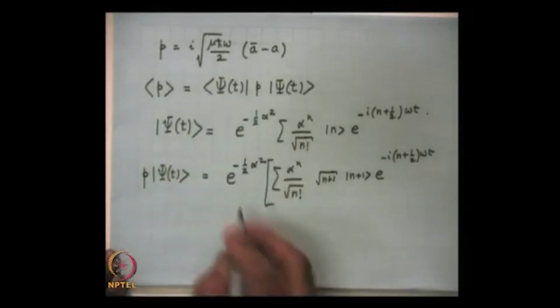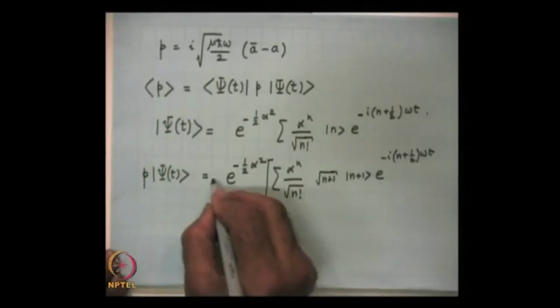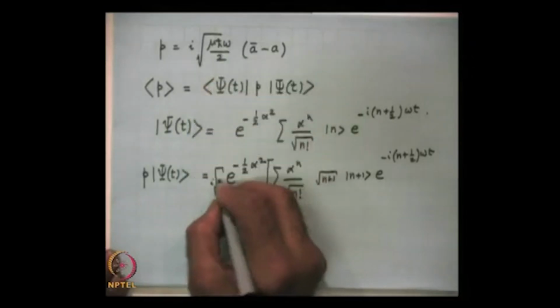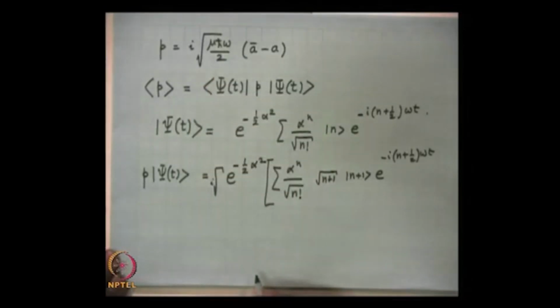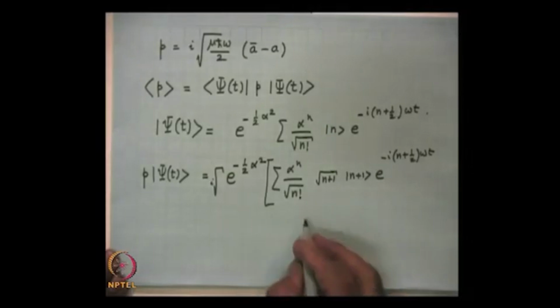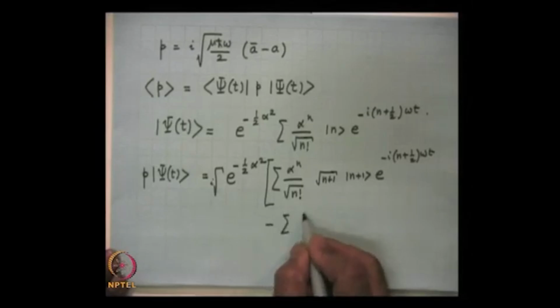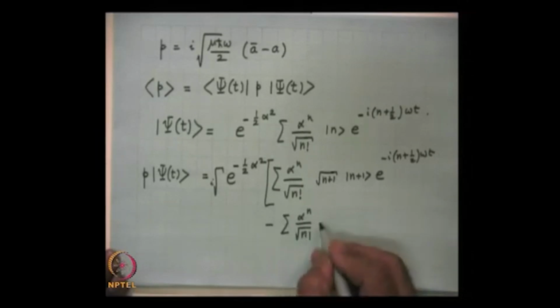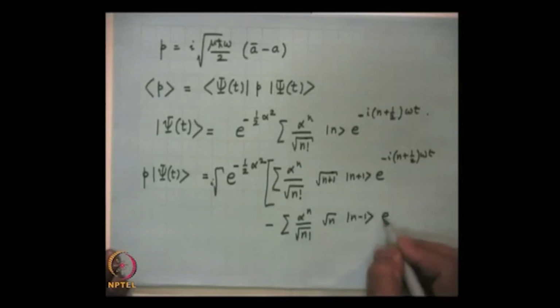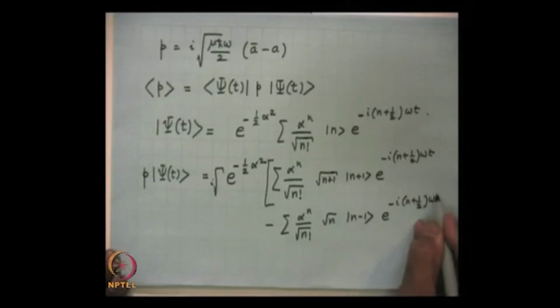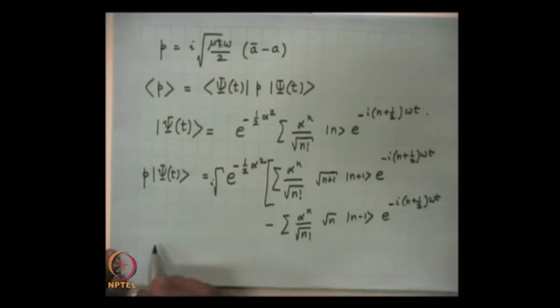So, P will be multiplied by a factor I under root of mu h cross omega by 2, and then you will have a term. A operating on ket n will be square root of n ket n minus 1 e to the power of minus I n plus half omega t. Then one sum will be over.